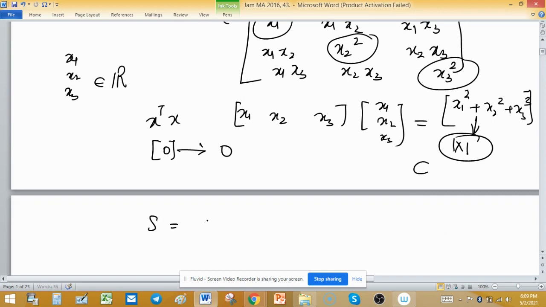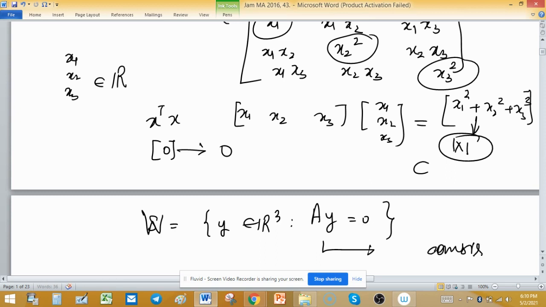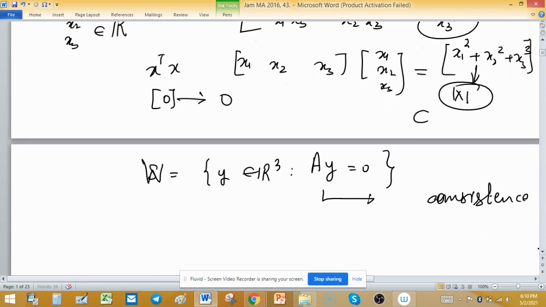Suppose this set is S, or W you can say, y belongs to R cube such that Ay equal to 0, meaning all those solutions. If we find the matrix representation of Ay equal to 0, then we always have a solution. Means this system is consistent and has a solution.